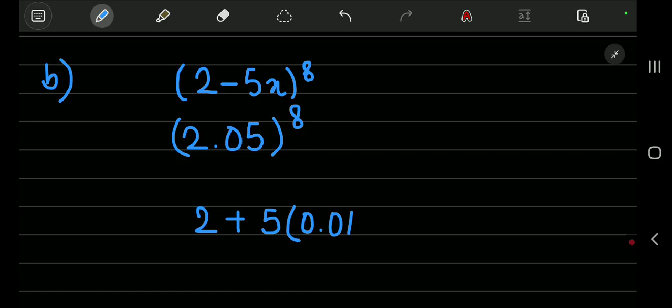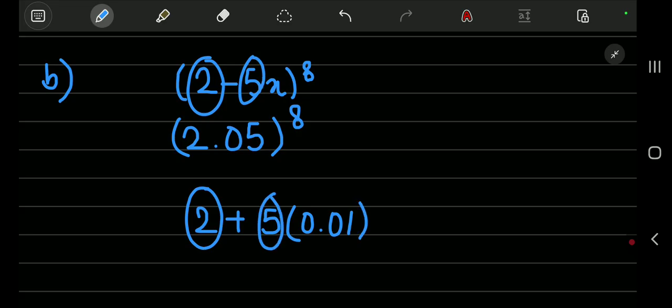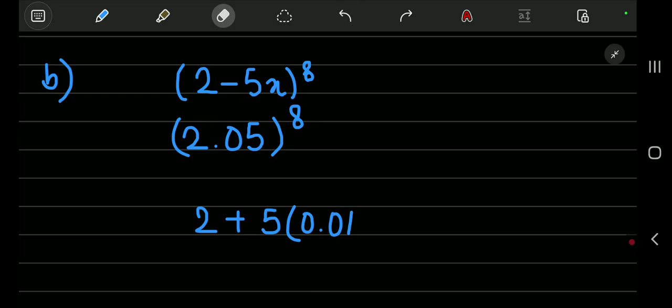So it seems very clear that 2 is also here, 5 is also here, and there is some x also here, but there is one thing missing, and that is the minus sign. If you do 2 plus something, obviously it gives you 2.05, but how will you get 2.05 when 2 minus something is happening? So looking into this, you will understand that instead of 0.01 there should be minus 0.01.